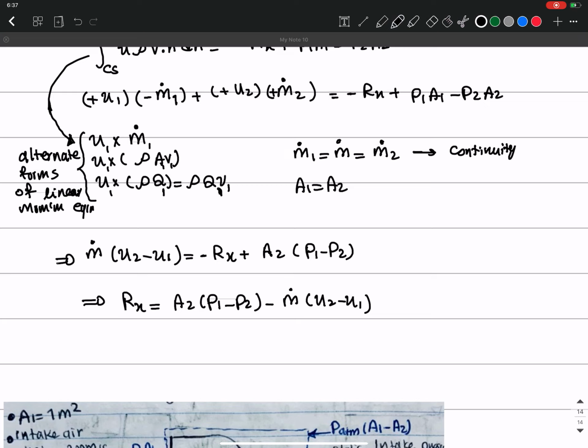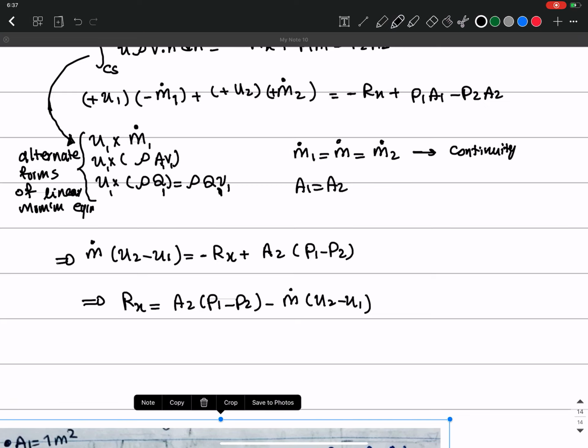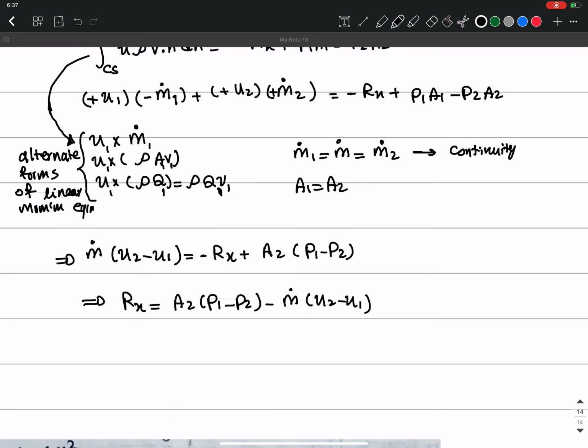So I don't have rho here. I don't have m dot, so I want to find m dot, right? And for m dot, I need to have rho AV, right? So m dot equals to rho AV. And A2 is what?